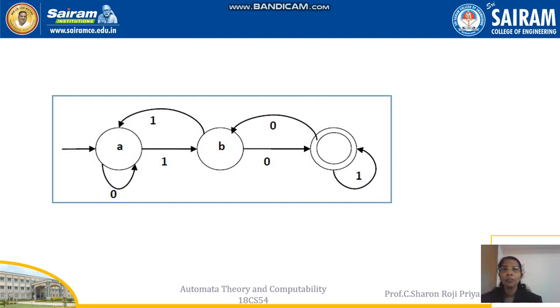If it makes multiple moves, it is non-deterministic automata. Suppose here, when state A takes 1 as input, it stays in state A and it also moves to state B. For the same input, it is making 2 moves. That is not a DFA, it is an NFA. For a single input, if it makes only 1 move, it is a deterministic automata.